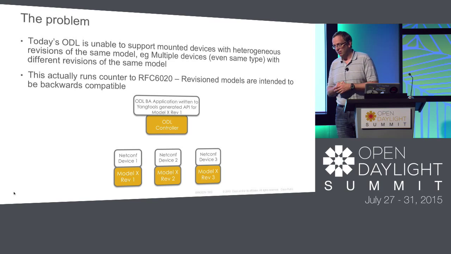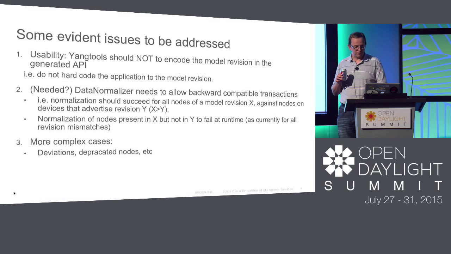Yeah. So I need someone who could work on that. It's not too hard, actually. So which part is that, the second part, the normalizer? Yeah. It could work automatically.